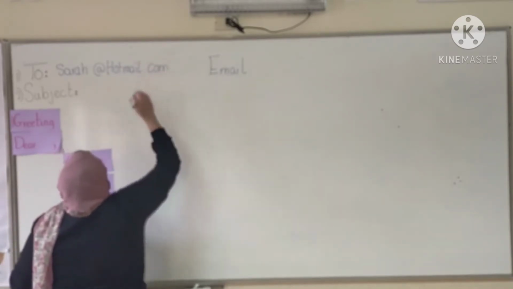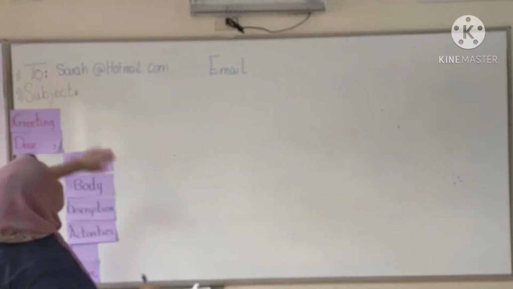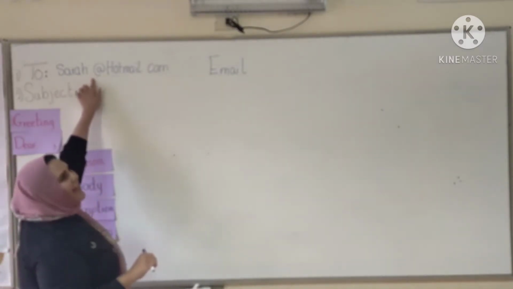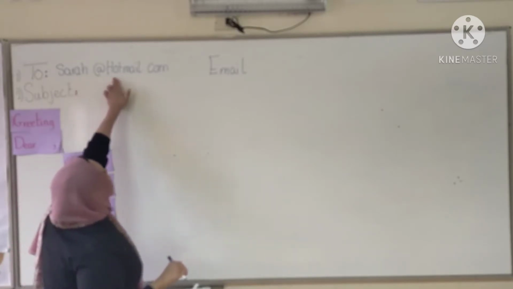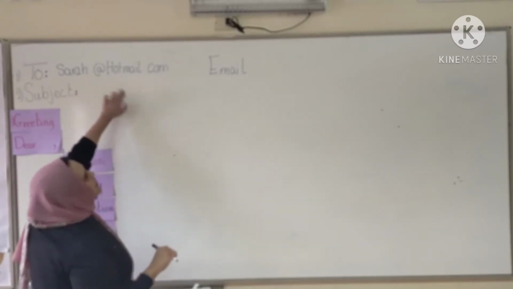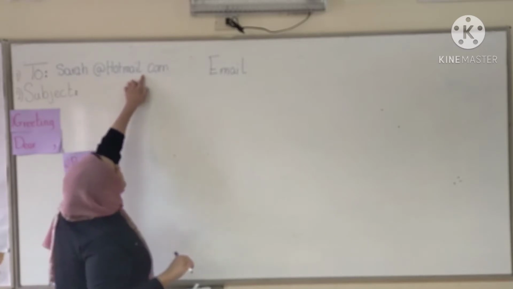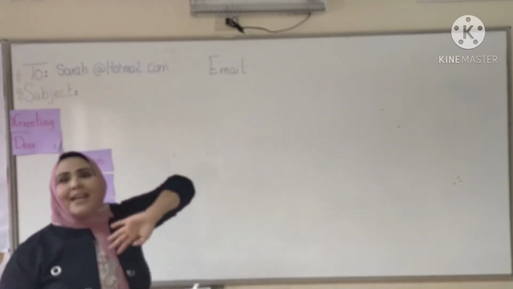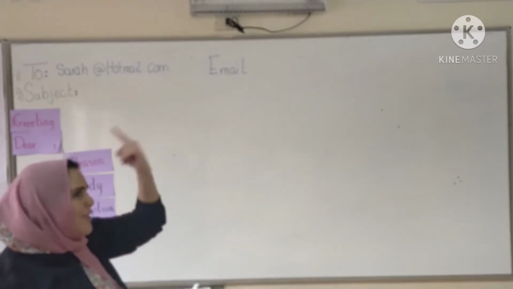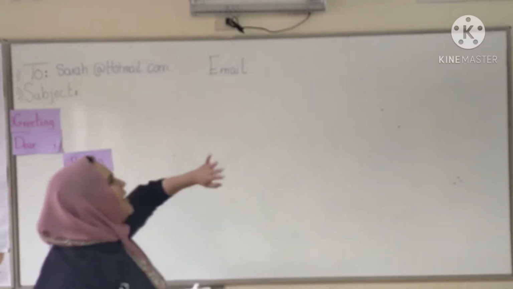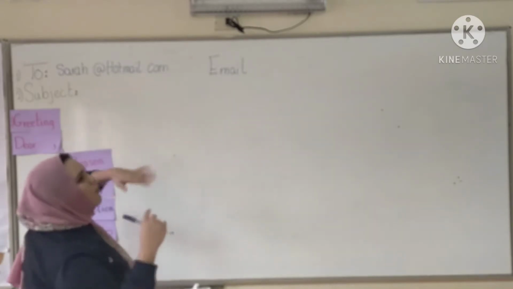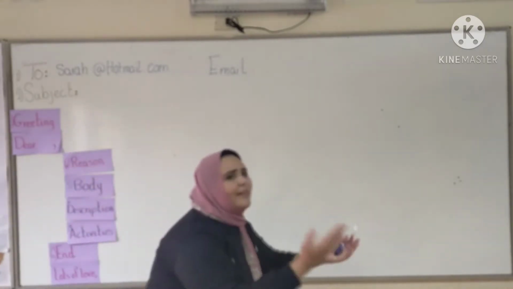This is the email address. We have to write this word, at. This is called at, and here you can write Hotmail, Yahoo, Gmail, and you have to write .com. So this is called an email address. The first thing we do in the email, we have to write the email address, the one that I'm going to send to.